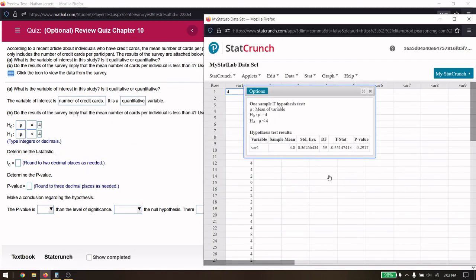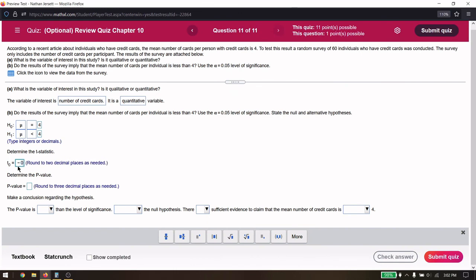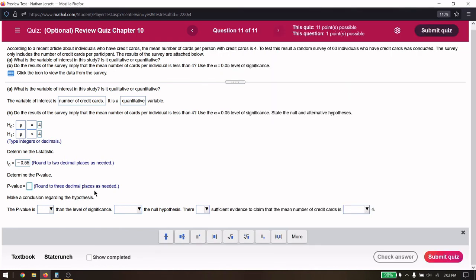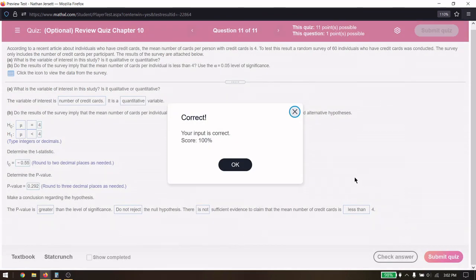So the t-stat is negative 0.55. P-value is 0.292. The p-value is greater than the level of significance. We do not reject the null hypothesis. There is not sufficient evidence to claim the mean value is less than 4. And that's all correct.